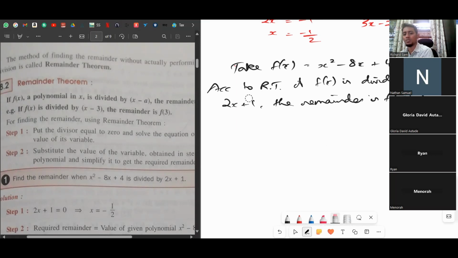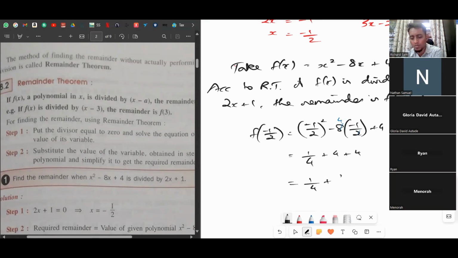Then you find f of minus 1 upon 2. 1 upon 4. So we 4 into 8 you have to do. 4 8s are 32 upon 4. 33 upon 4?